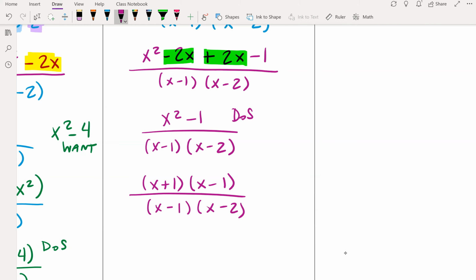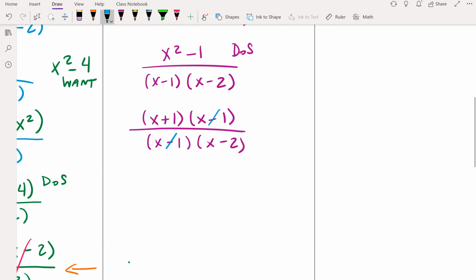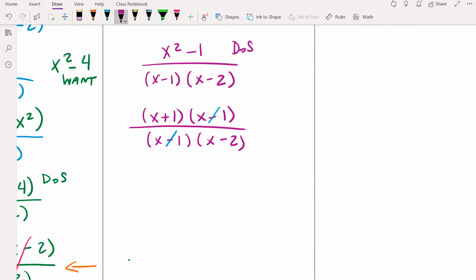Now we need to simplify because we factored in the numerator, but we still need to simplify. So what can I cross out? X minus 1. I can cross those out. So our final simplified version of this fraction is x plus 1 over x minus 2. You don't need the parentheses if there's nothing multiplying in front or after, so we don't need our parentheses anymore.